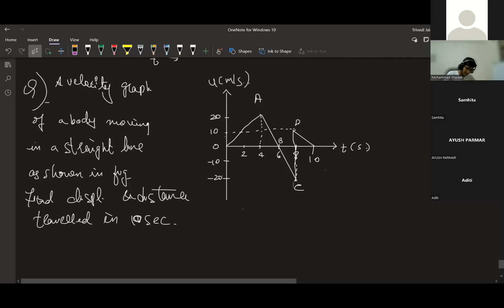It will be 10 into 4. 10 into 2. 10 to... No, child, how come 10? See, here only I'm getting 10. That is the time you calculated.